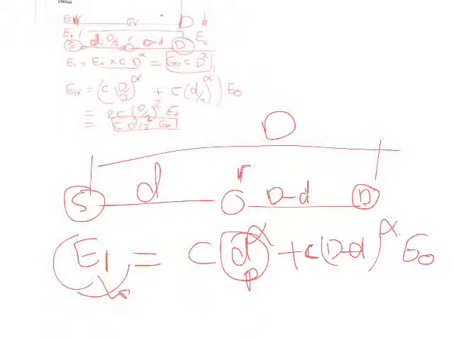Prove that small d is equal to capital D over 2. This should be very simple. I apologize for the very bad handwriting, but this pen is not helping me a lot.